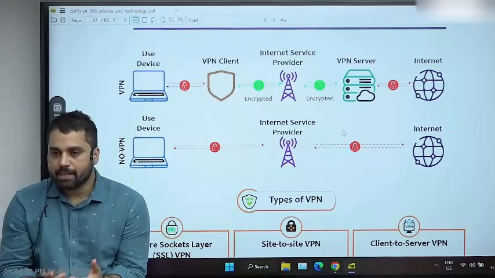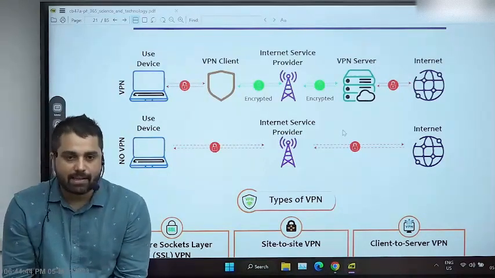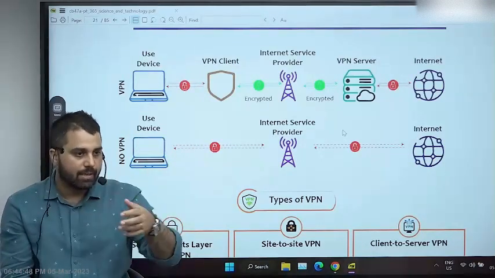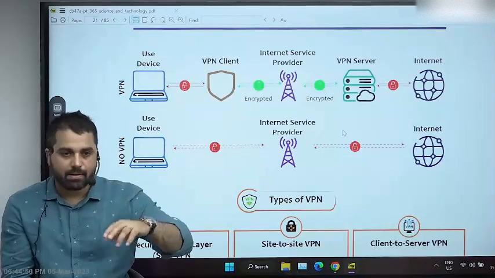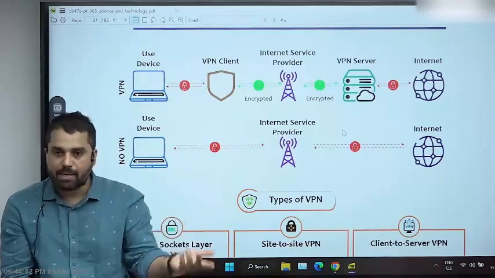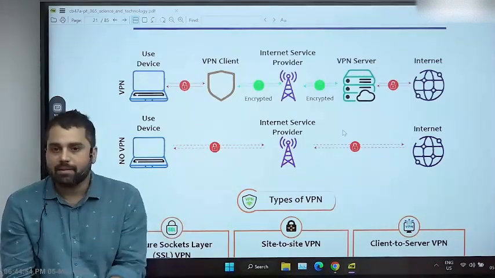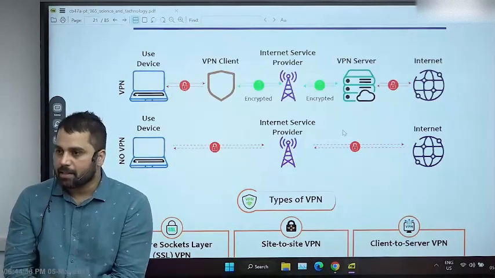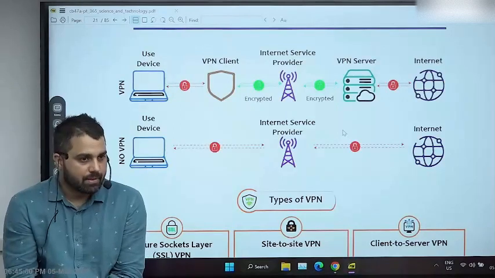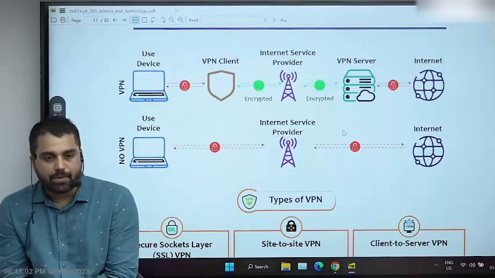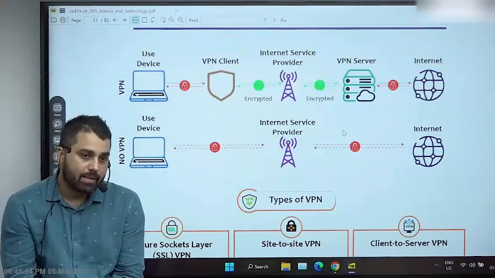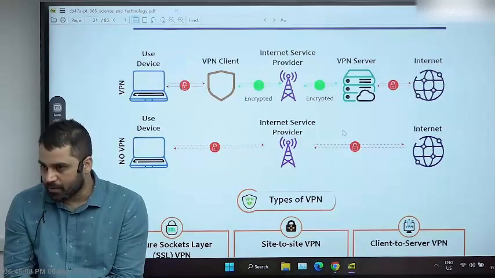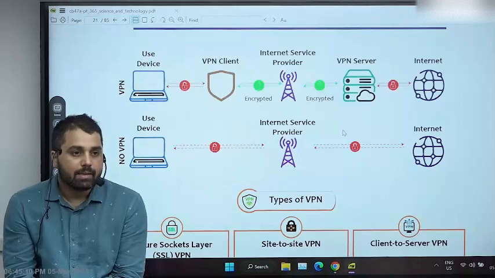So जो VPN service providers हैं, what they are doing, they are creating a curtain for you, that where you are, whatever you are exploring, nobody can see. Cyber criminals, ISPs, or even government cannot actually see exactly where you are or what you are accessing. So such type of services, they are called virtual private networks. There are many virtual private networks which are available for free, but here is the thing that जो free VPN service providers हैं, they actually collect lot of your data. But there are paid services also.